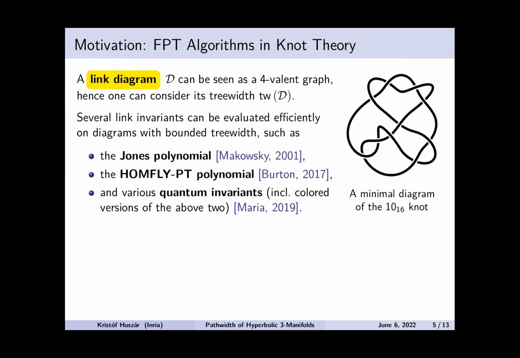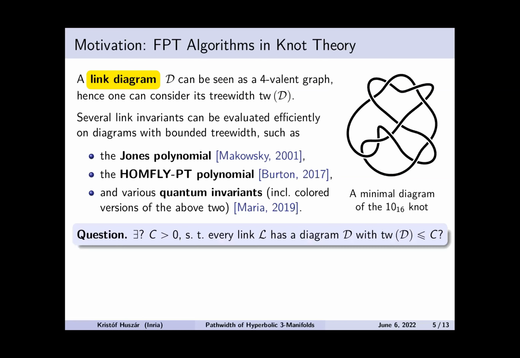And several link invariants have been shown to be fixed parameter tractable in the treewidth of the link diagram, several well-known knot polynomials and quantum invariants as well. And that also begs the question whether there exists a universal constant such that every link L has a diagram D with treewidth bounded by this constant.